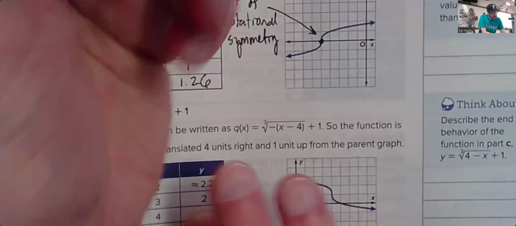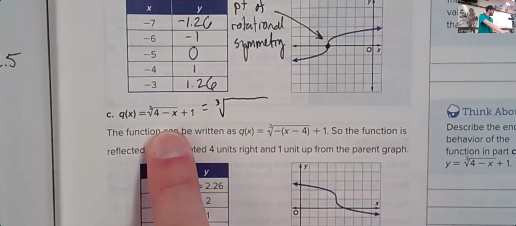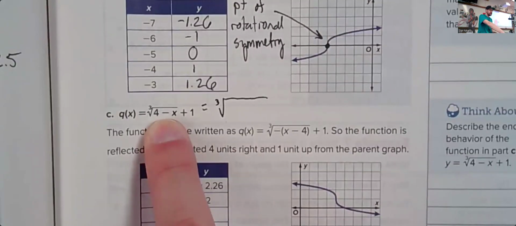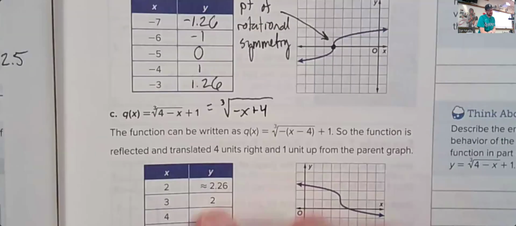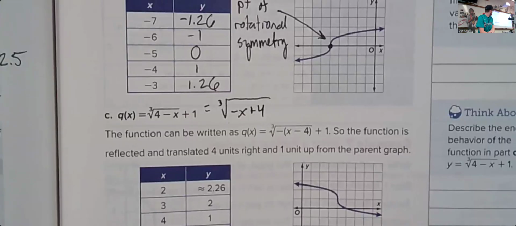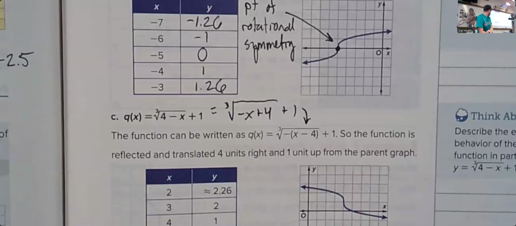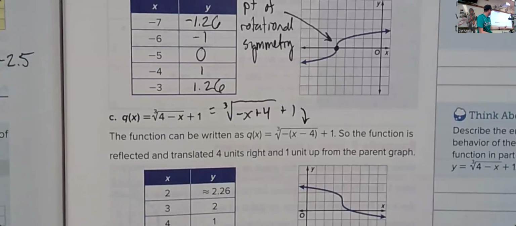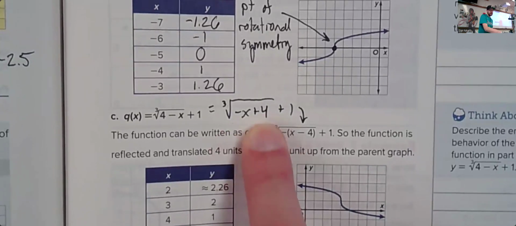So I'm just going to say equals the cube root of, let's swap the negative x and the 4. So that would be negative x plus 4 underneath here. And then plus 1, which in turn turns into the cube root of the opposite of x minus 4, plus 1, because they factored out a negative from the x and the 4. And so they wrote it like that.